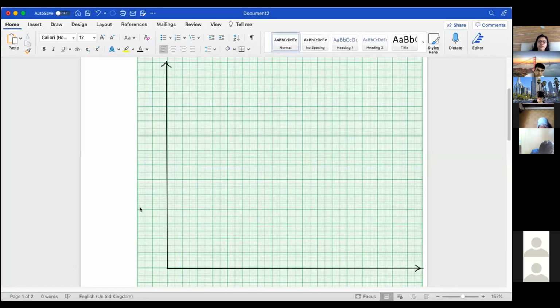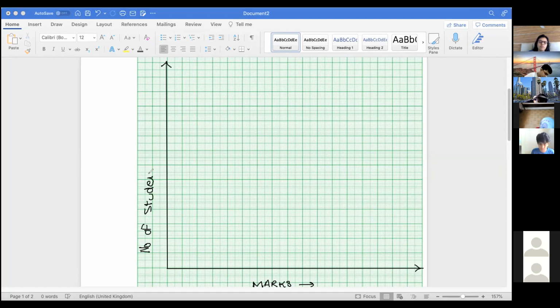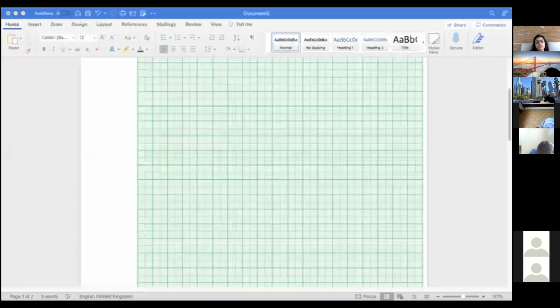Marks are in groups, so here we have marks, which is the grouped frequency. And here we have number of students. This is 0. Grouping is from 10 to 50.